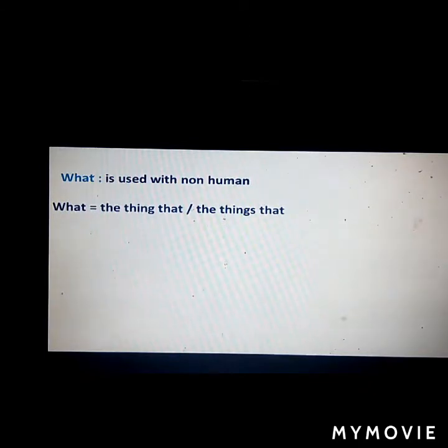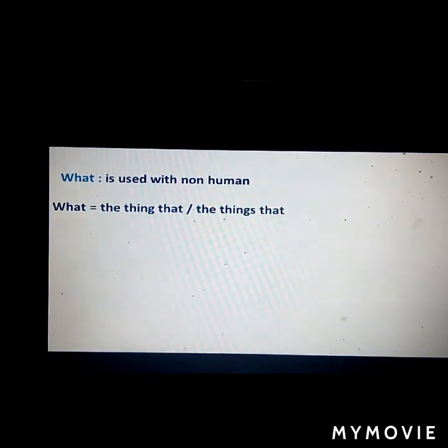What is used with non-human; I always use what with non-human as a connector. What equals the thing that or the things that, so it can be used with singular or plural.